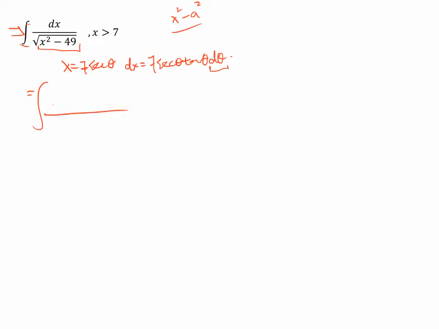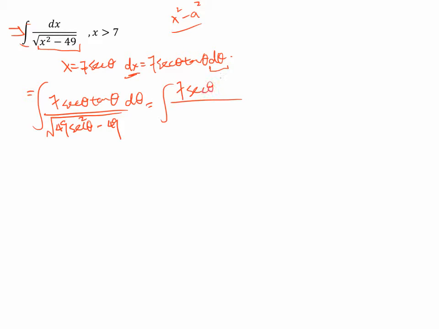Plug into my substitution: 7 secant theta tangent theta d theta, copied for the dx, over the square root of 49 secant squared theta minus 49. So this equals the integral of 7 secant theta tangent theta, take the 49 out, secant squared theta minus 1 under the square root, d theta.